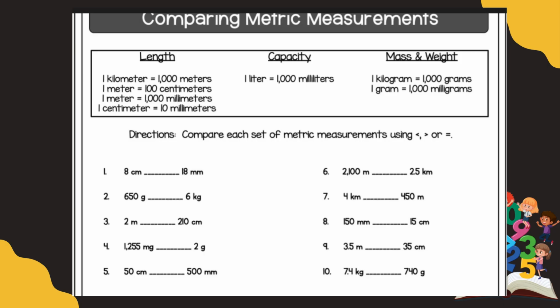So if we look at our millimeters up top, it tells us that 1 centimeter equals 10 millimeters.